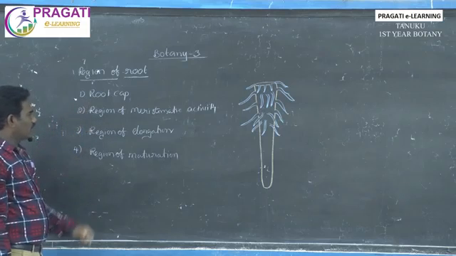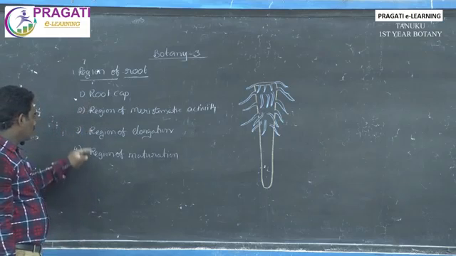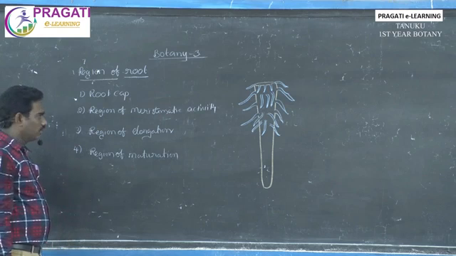Third one, region of elongation. Fourth one, region of maturation.